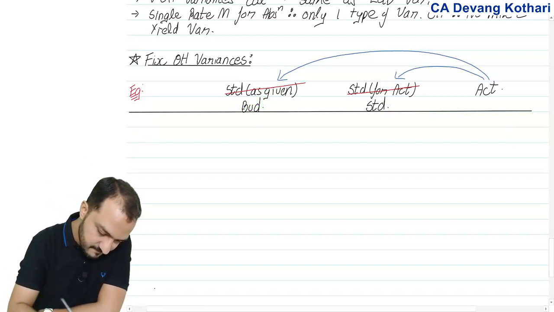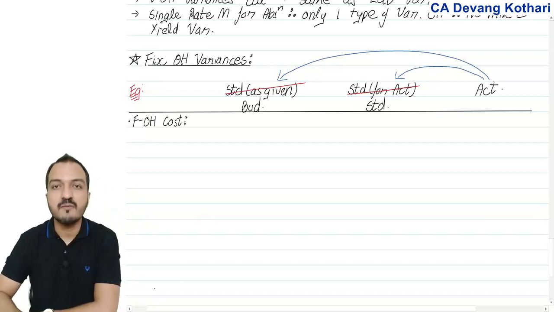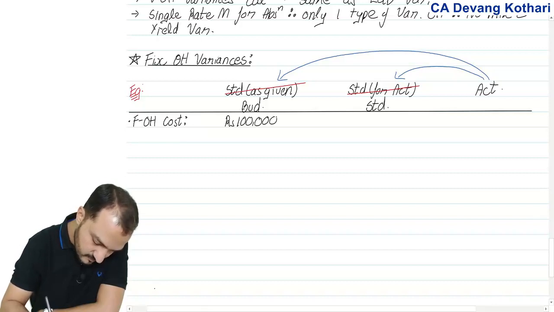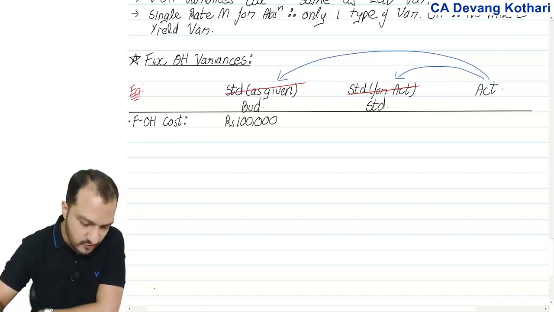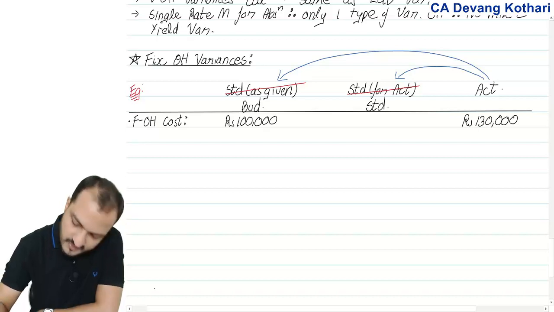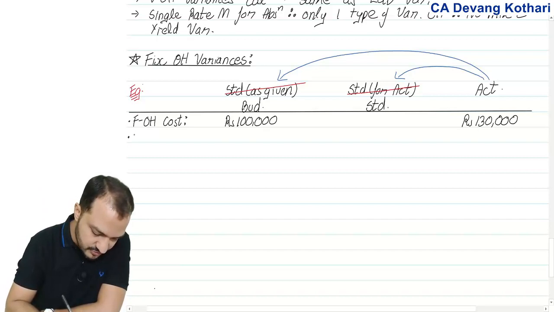Let's say my budgeted fixed overheads cost was estimated rupees 1 lakh, but my actual fixed overheads cost incurred is rupees 1,30,000. But I also compare that based on my production units.